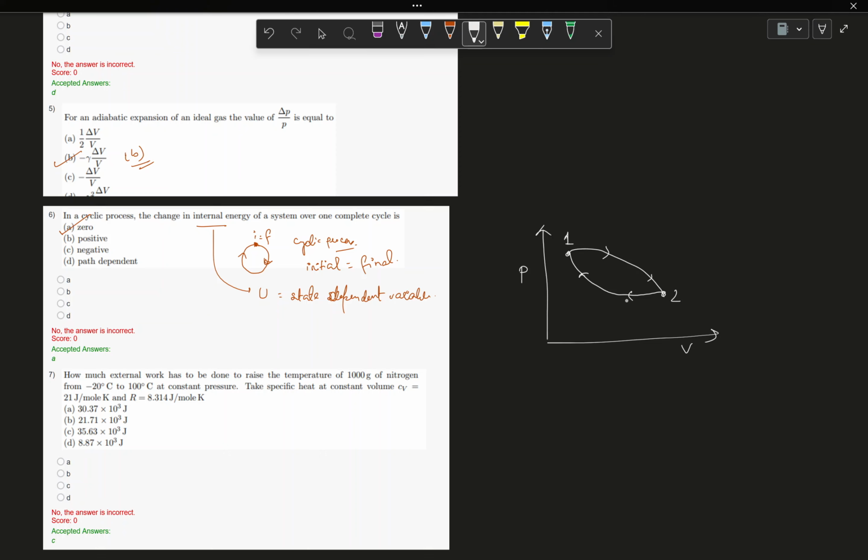Like this dashed blue part that I am drawing right now, this is the area under this curve, right? Area under the PV diagram, and this will give you your work done, or W. So basically you see that in a cyclic process your work done is non-zero.